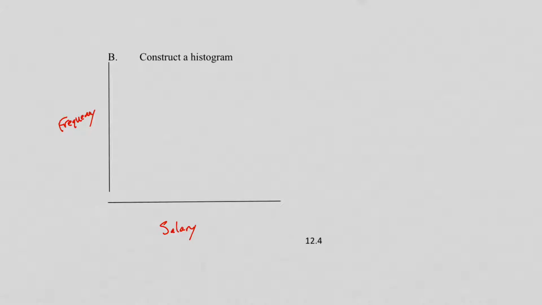So we have 27, 28, 29, 30, 31, 32, 33, and 34,000. And then the frequency goes up to about 7. So we can do 1, 2, 3, 4, 5, 6, 7.